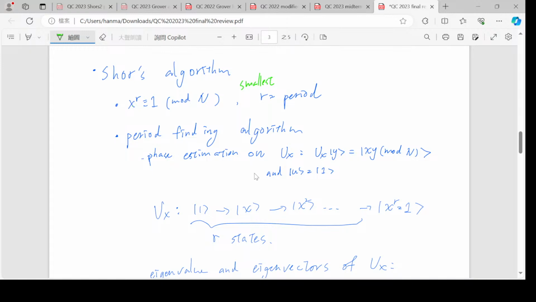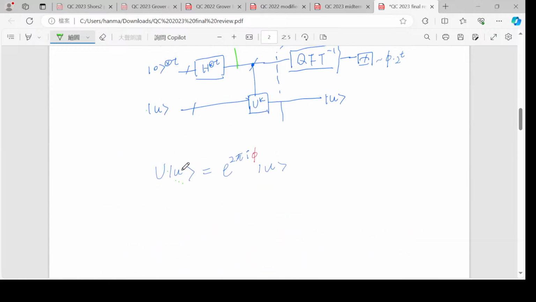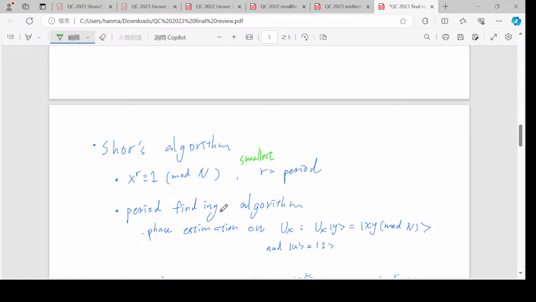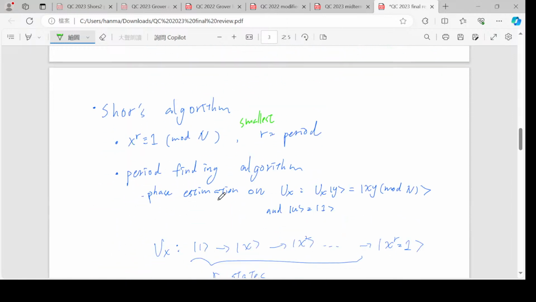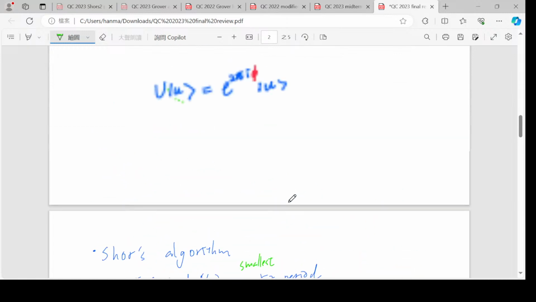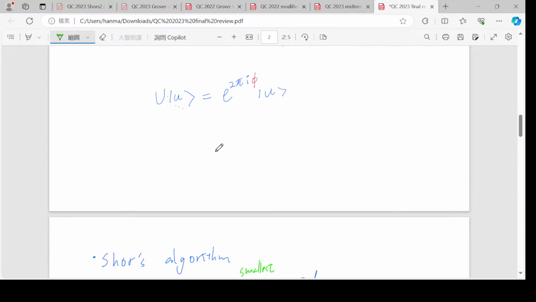So we do phase estimation on this multiplication unitary U sub x, and that's the big U. But phase estimation needs a small u here, an eigenstate, and we actually don't know an exact eigenstate to put in phase estimation.